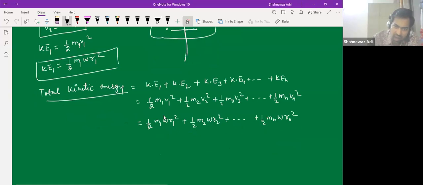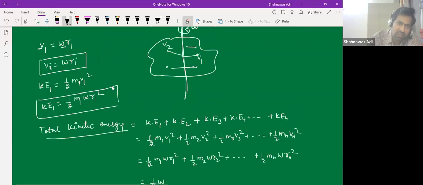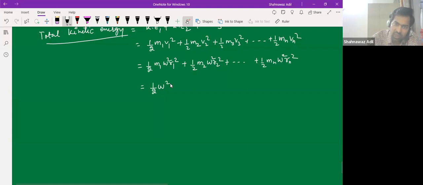So I can see that half omega square is common, and v square would be omega square r square. So we take omega square common, and this is m1 r1 square plus m2 r2 square plus mn rn square.